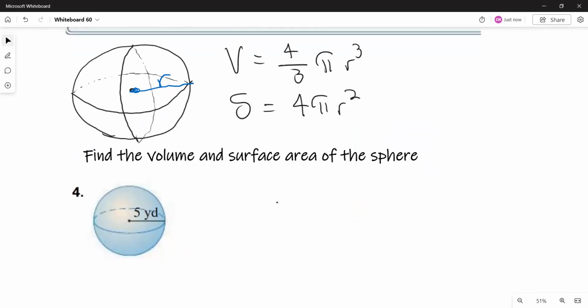The volume of the sphere is 4/3 times 3.14 times 5 to the third power.